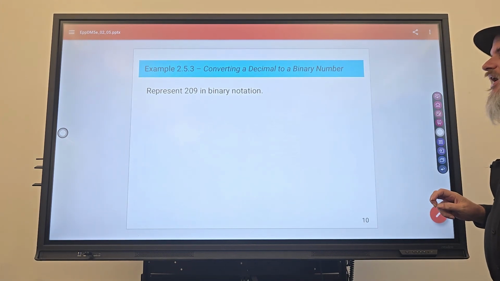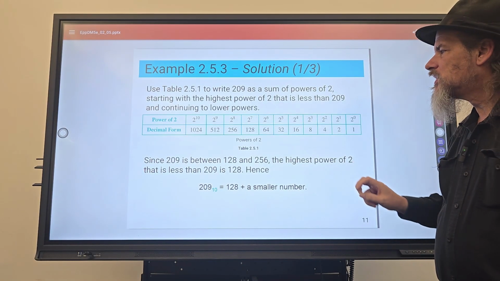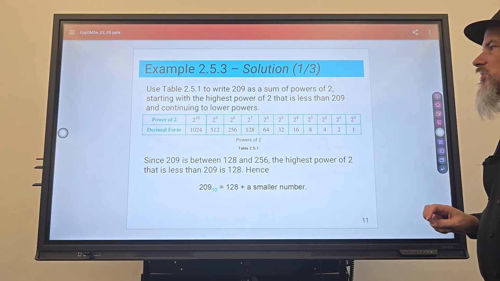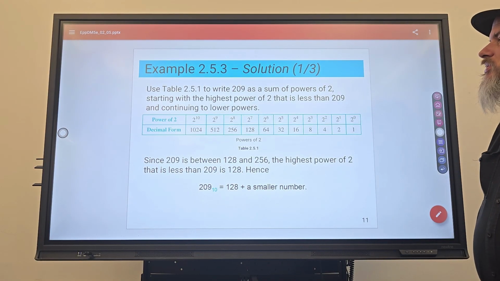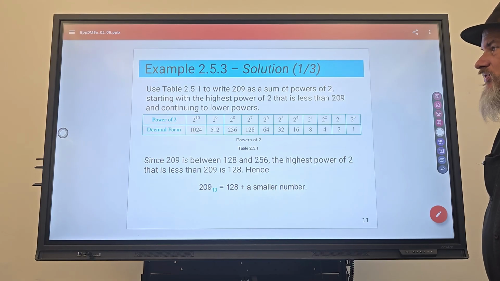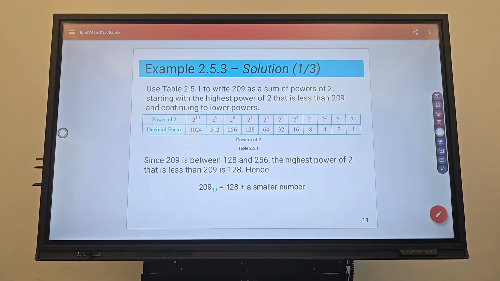Represent 209 in binary. Well, you write 209 as a sum of powers of 2, starting with the highest power of 2 that is less than 209 and counting to lower powers.